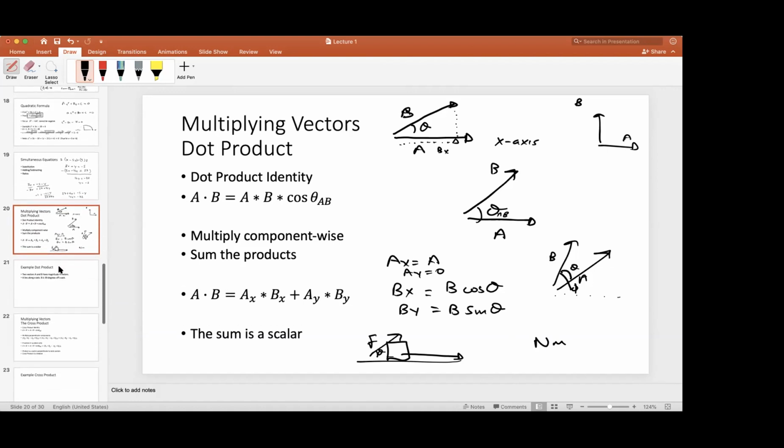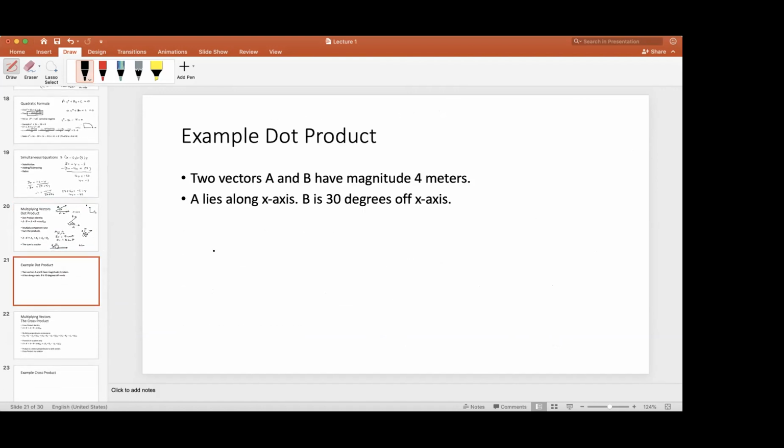So let's do a quick example of a dot product. A and B are vectors that have magnitudes of 4 meters. So let's draw them. I'm going to switch to red. A is along the x-axis, and it's 4 meters. That means its magnitude is 4 meters. And B is along a line 30 degrees off the x-axis.